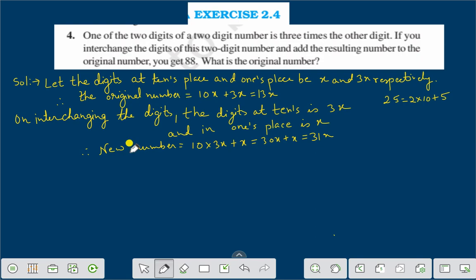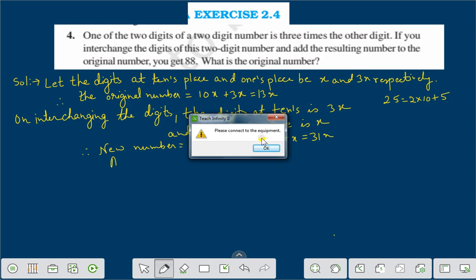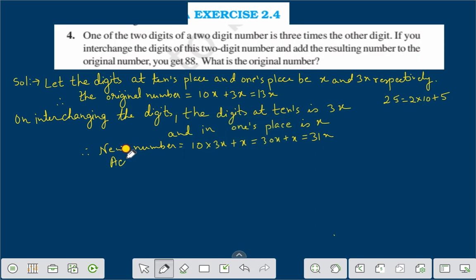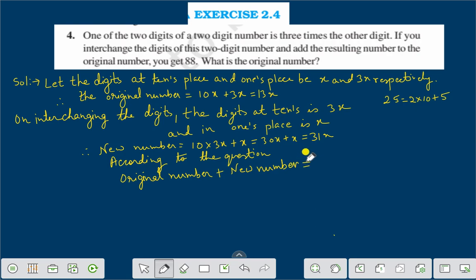That means according to the question, original number plus new number is equal to 88.